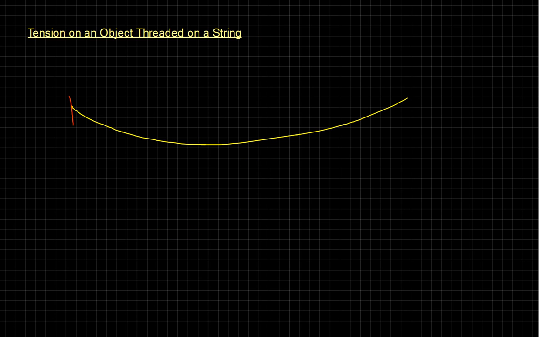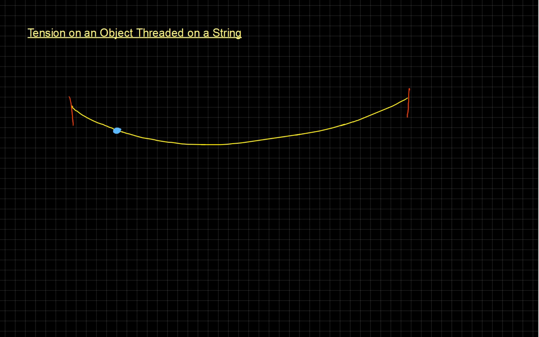It's connected between 2 points. Okay, so I've got a yellow string, and if I attach a ball to it, I don't know, I super glue it somehow, then this we would just say is an object or a particle attached to a string.